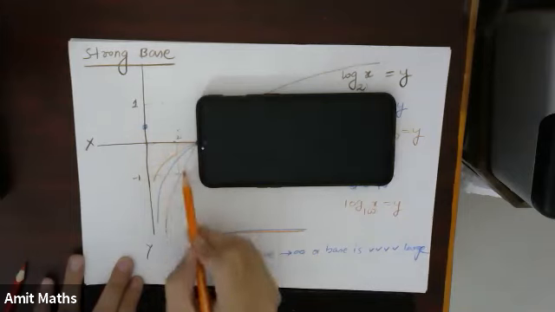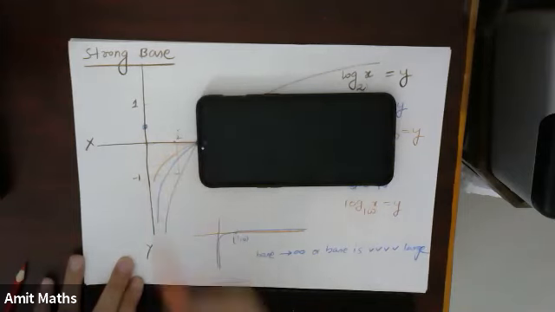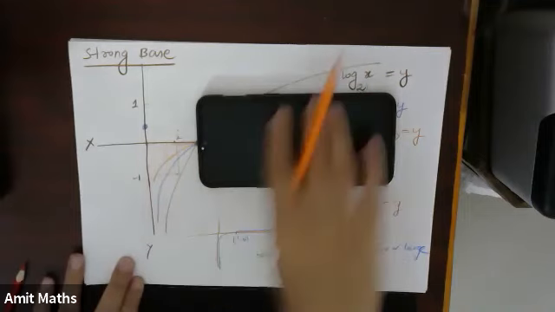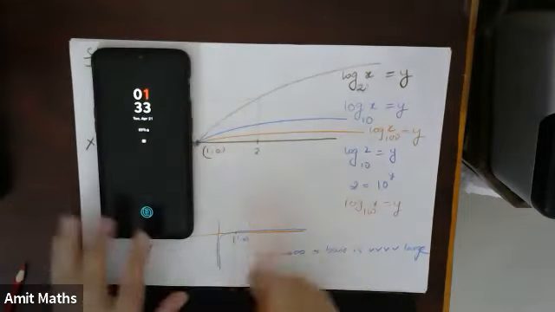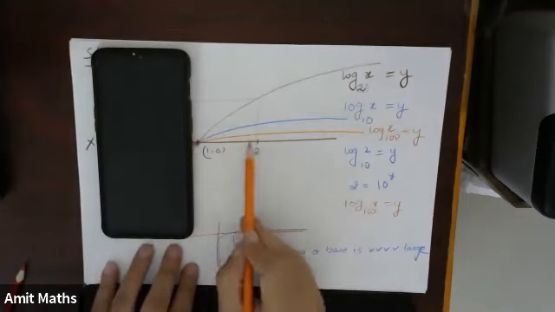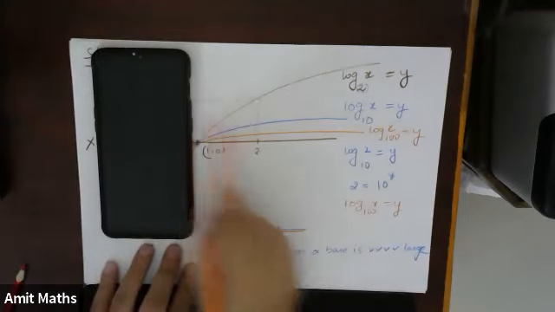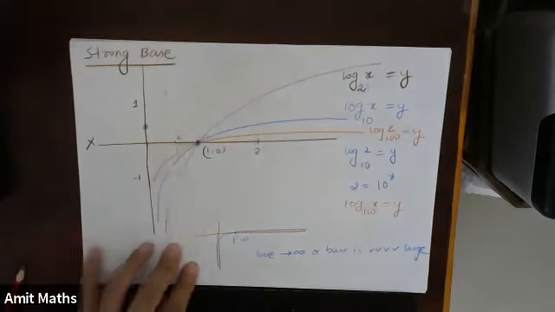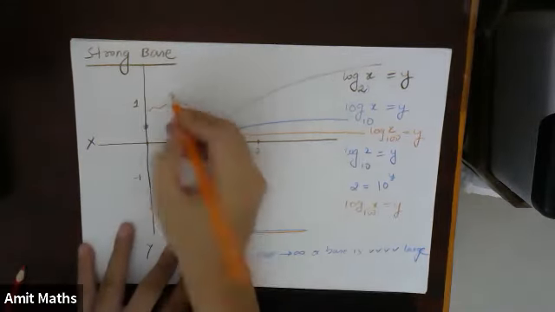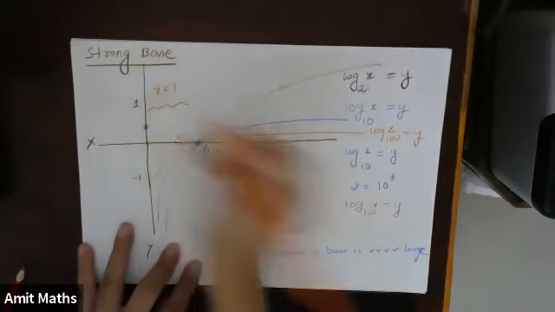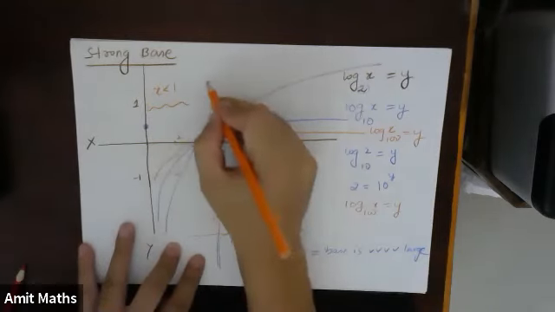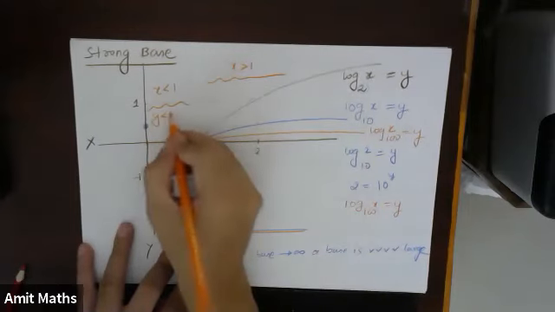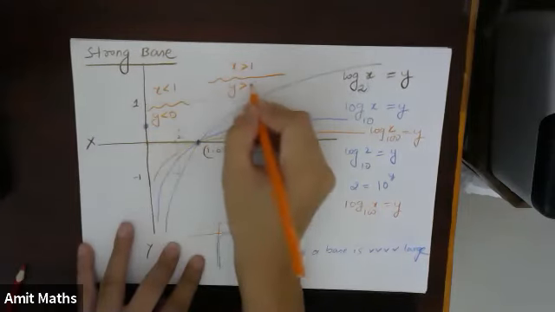For any base, 10, 2, 3, 4, 5, whatever it is, y will be negative between 0 and 1. And when x is greater than 1, y will be positive. Understood? So I'll write it in this also. This is when x is between 0 and 1, and this is when x is greater than 1. For this one, y is less than 0, and for this one, y is greater than 0.